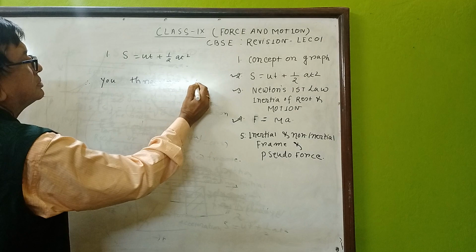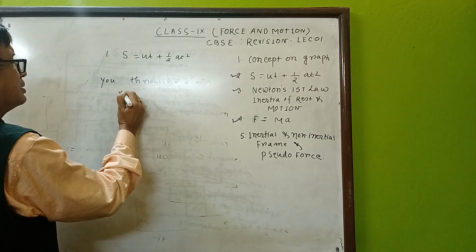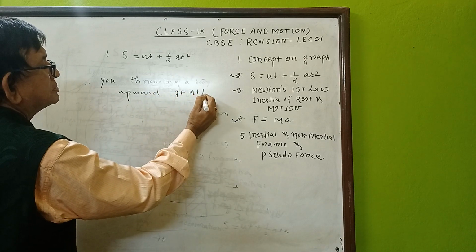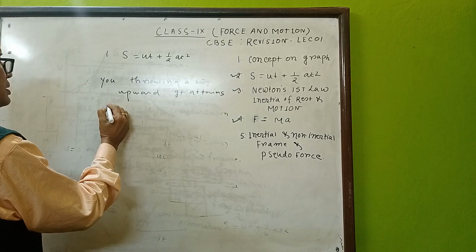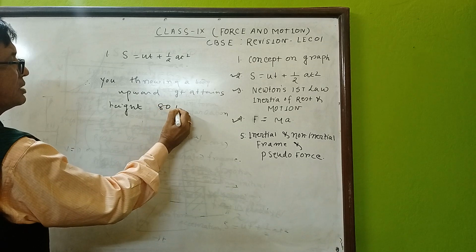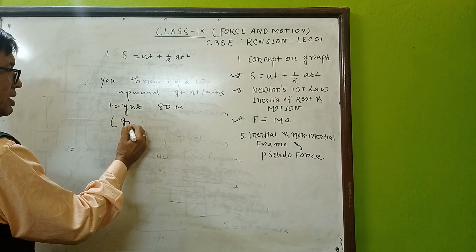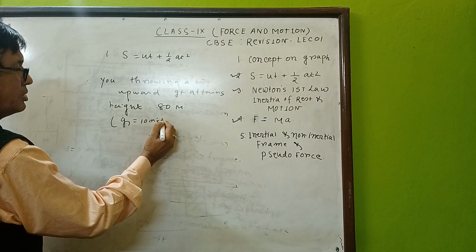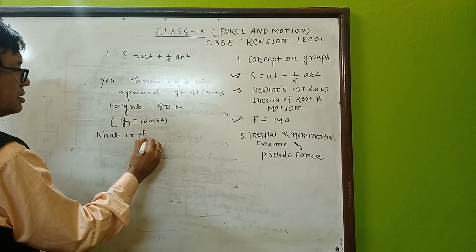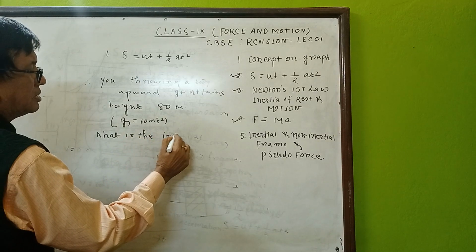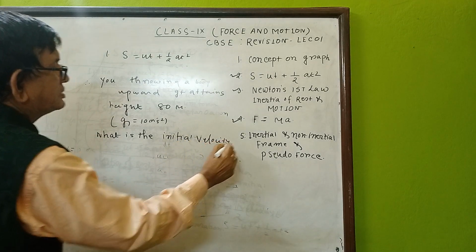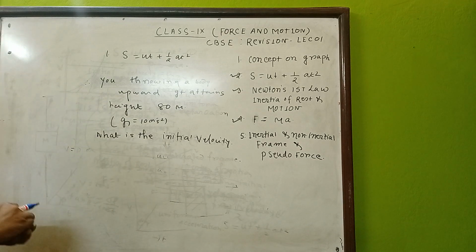It attains a height of 80 meter. If acceleration due to gravity g is 10 meter per second square, what is the initial velocity? Interesting. You are throwing a body.